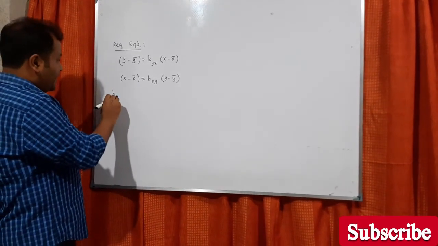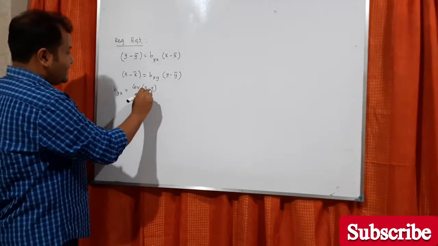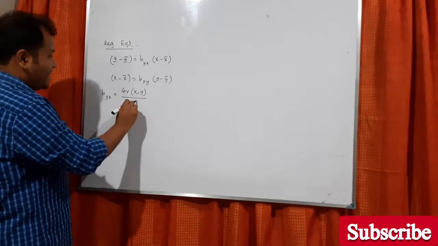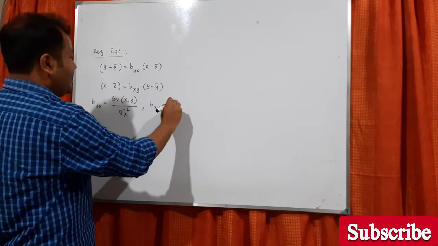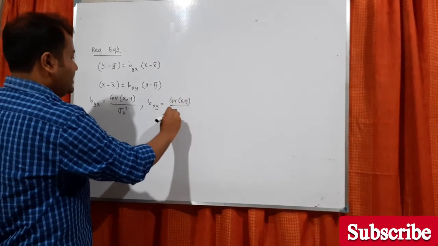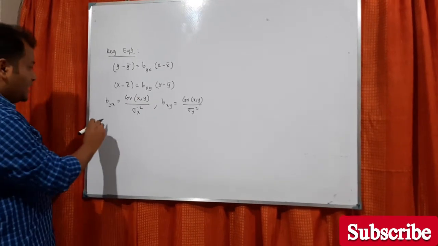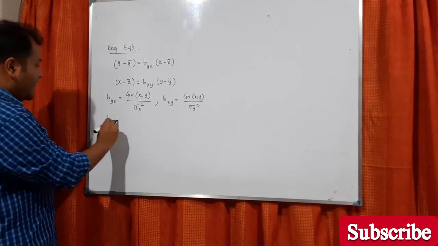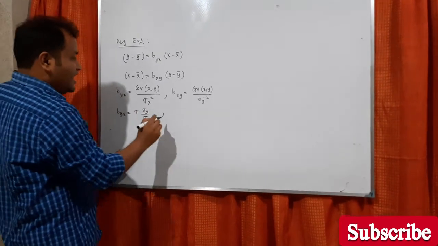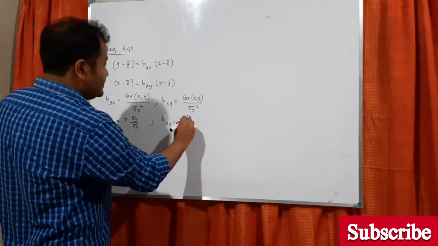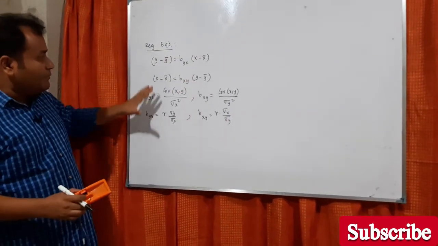Then byx is covariance xy by sigma x square, and bxy is covariance xy by sigma y square. Then we used the covariance formula and we got byx equals r sigma y by sigma x, and here bxy equals r sigma x by sigma y. So that is the whole idea about this.